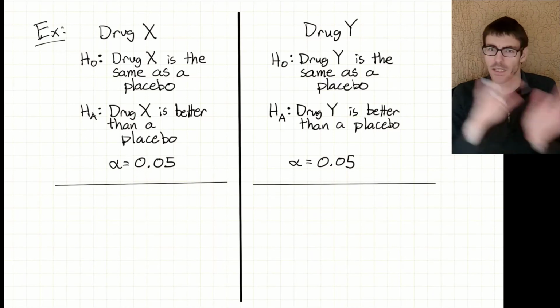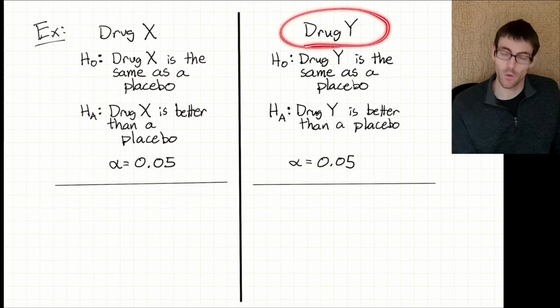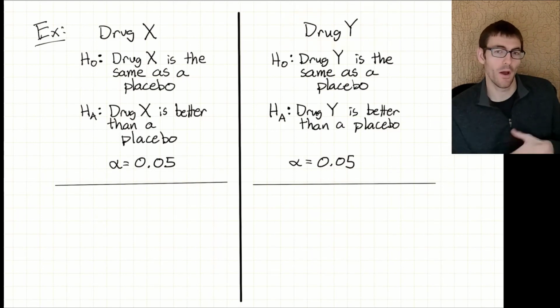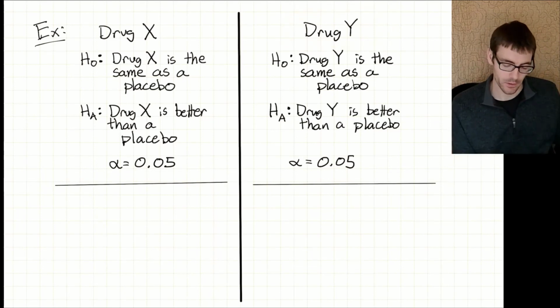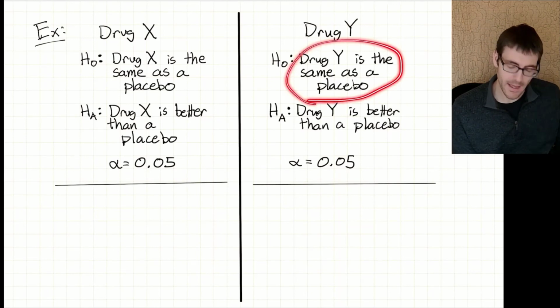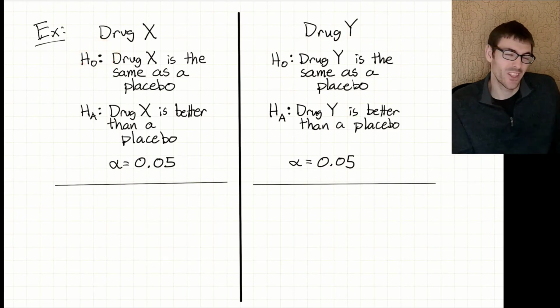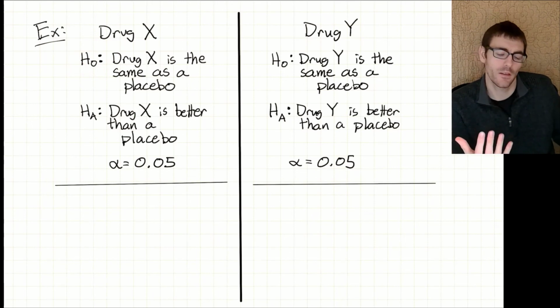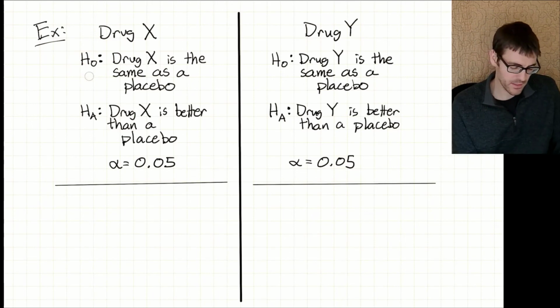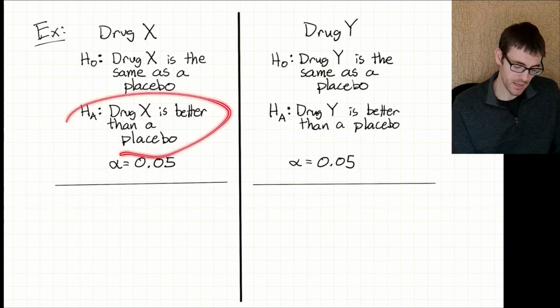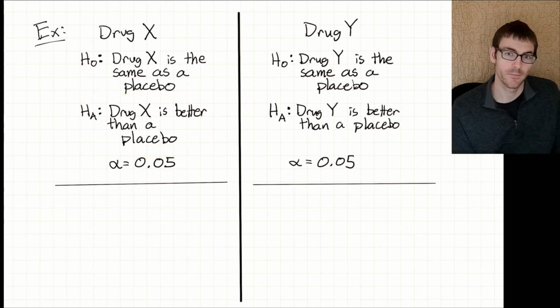And completely separately, we're also asking if drug Y is better than a placebo at reducing blood pressure. So however we wanted to phrase that, depending on what exactly we're measuring, our null hypothesis for each is going to be that this drug isn't anything special. It's just not actually doing anything. Our null hypothesis is that nothing special is happening, whereas the alternate hypothesis is that there actually is an effect.